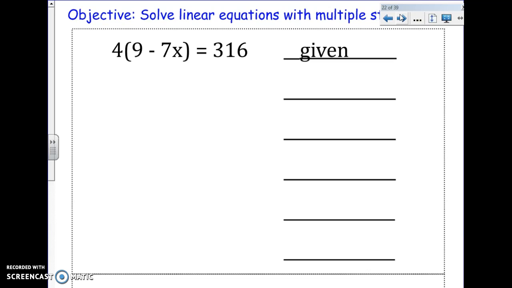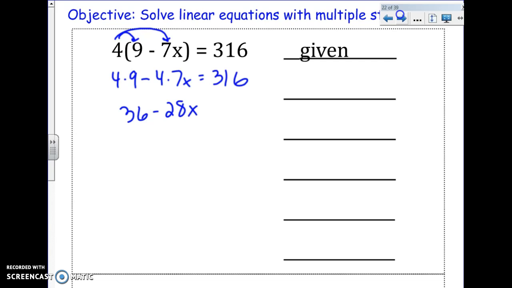If I don't have something, so there's 2 ways you could do this one. I could always do this, and I get 36, still showing our steps a little bit. And I do the multiplication, so I get 36 minus 28x equals 316.